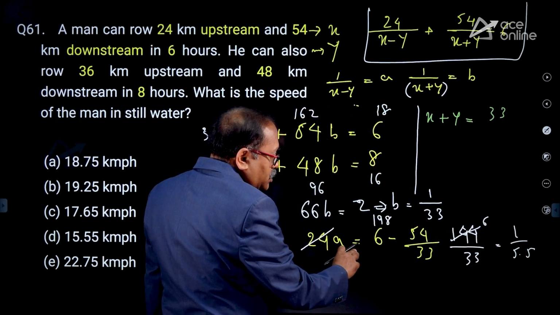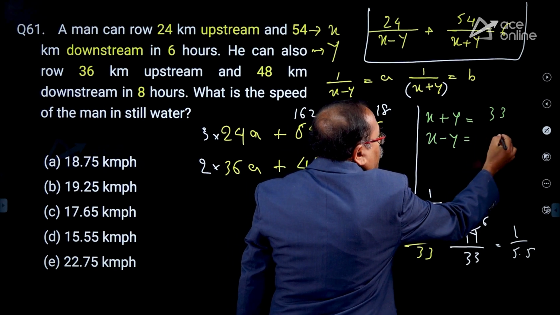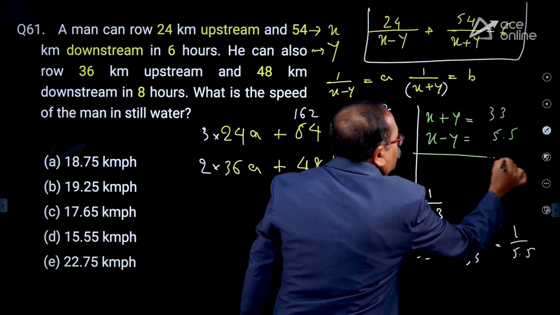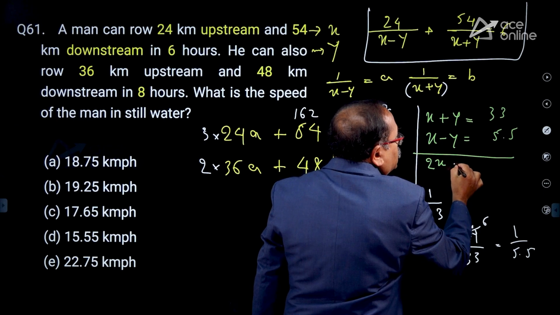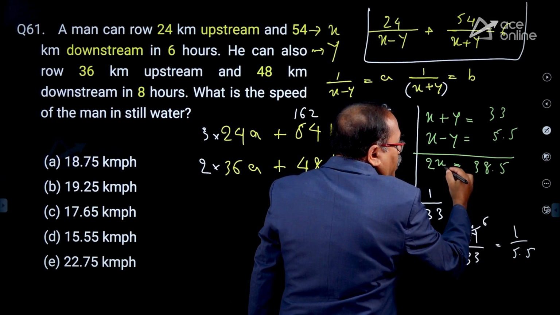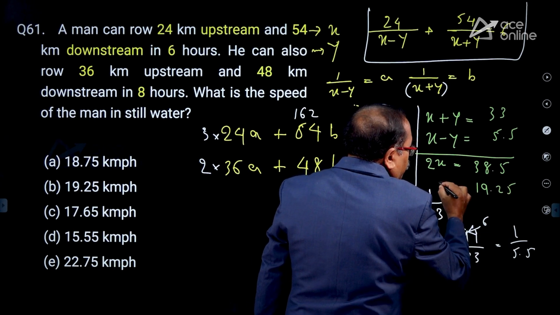And what is A? That is x minus y, 5.5. By adding these two, y will get cancelled, and I am left with 2x, which is equal to 38.5. Then x is equal to 19.25.